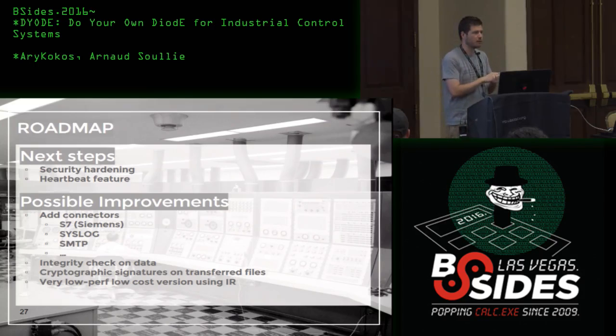Of course that's going to be really, really slow. But if you just need to synchronize 20 Modbus values, that's enough. With this solution, we aim at about $50, maybe, if we use Raspberry Pi Zeros and just infrared devices.